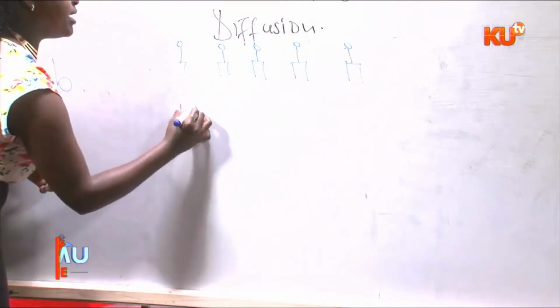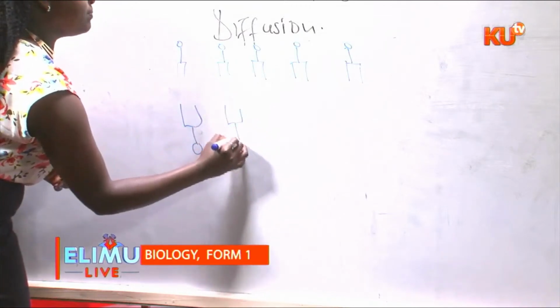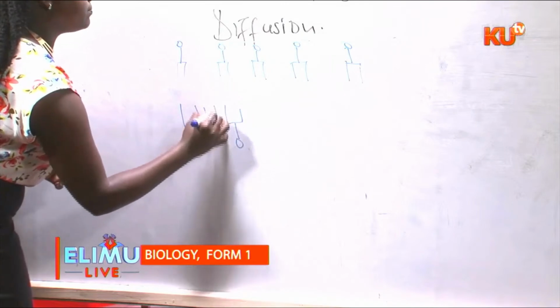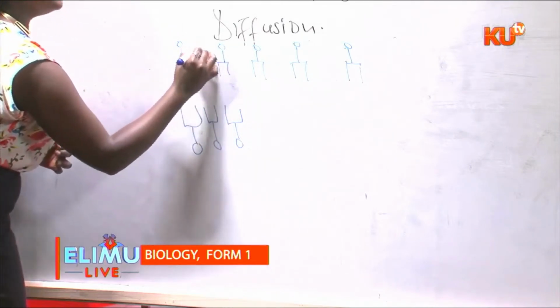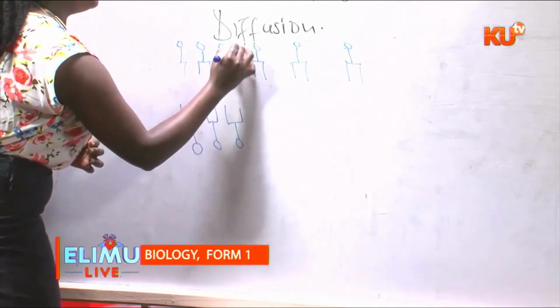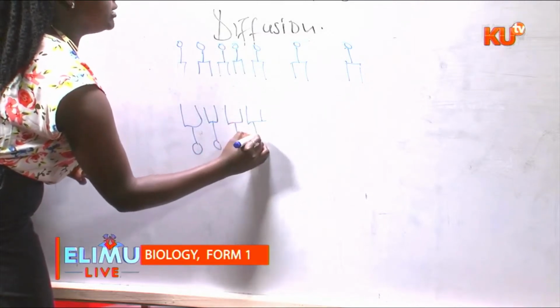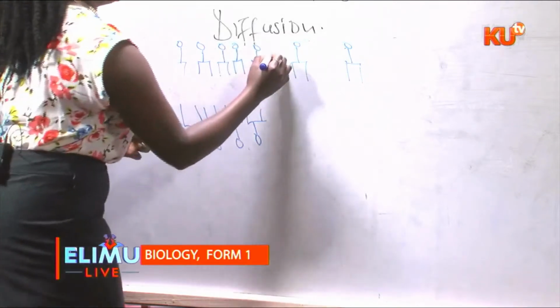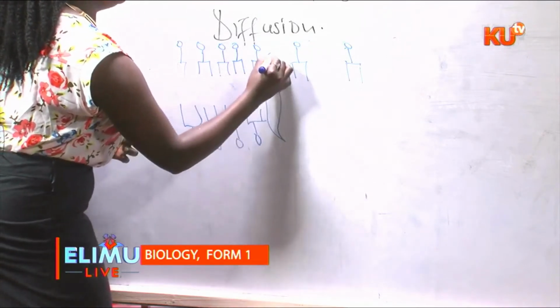The cell membrane also contains spaces, and those spaces are called pores. It is in these very spaces or pores that exchange of materials takes place. Now, what surrounds the spaces are proteins.